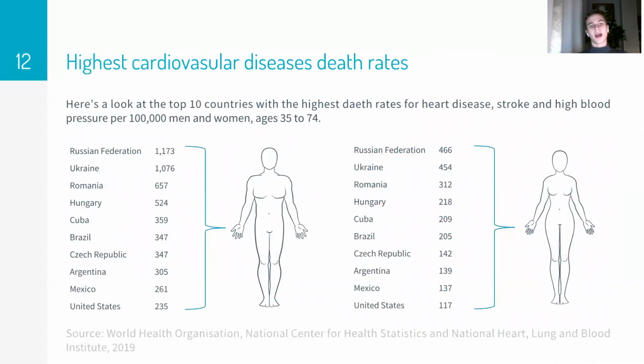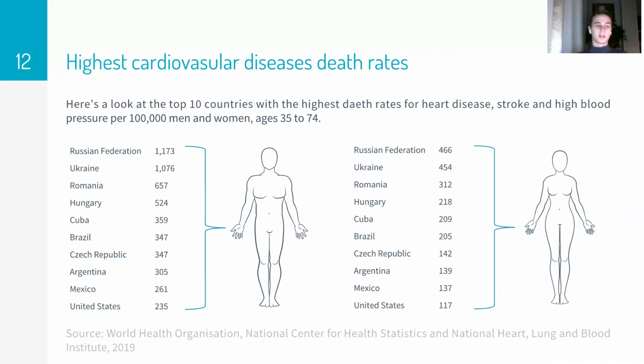Now I want to show you the highest cardiovascular disease death rates. Here's a look at the top 10 countries with the biggest death rates for heart disease, stroke and high blood pressure per 100,000 men and women aged from 35 to 74. And I want to say that there are far fewer female deaths than male.